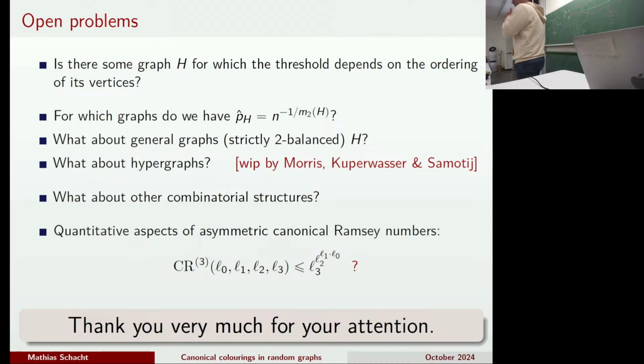But L0 and L1, yeah. I mean, you're claiming that, right? Yeah, I don't know. But I don't think it's symmetric in such a strong sense.